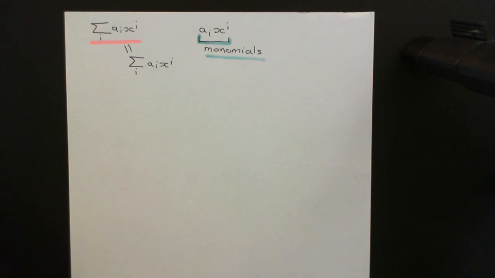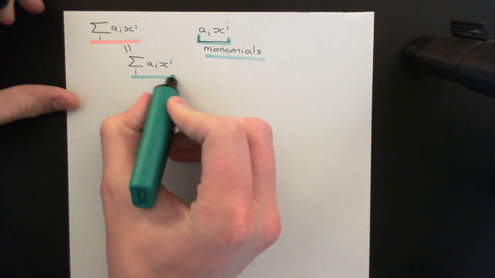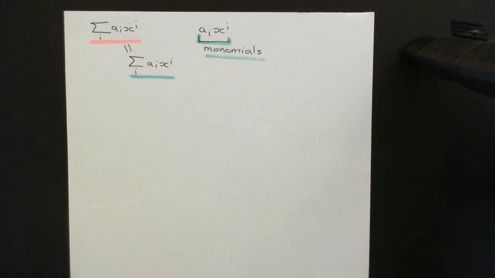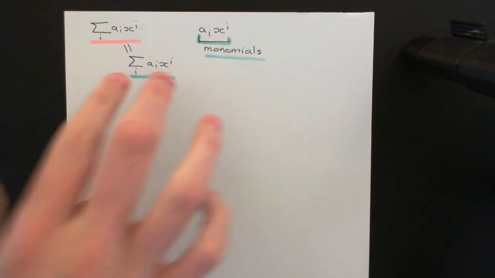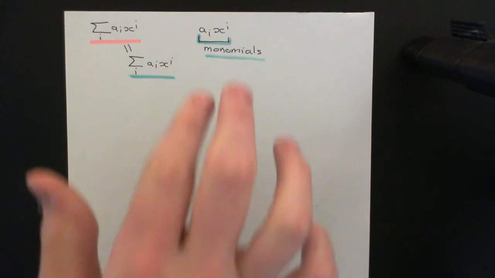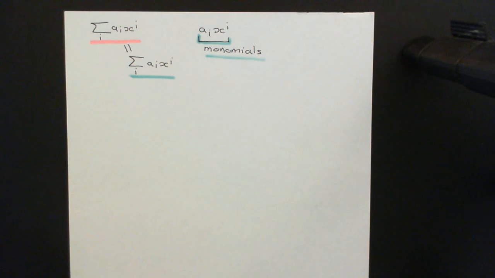Now what I'm saying is this actually does mean addition in terms of an algebraic structure. It means addition that we've just defined in our ring of polynomials, where we are adding the monomials together. So this can be decomposed into a sum of monomials, where those monomials will be the powers of x with the relevant coefficients from the ring in front of them, and we're just going to add those together in our ring of polynomials with the addition law that we've now defined.